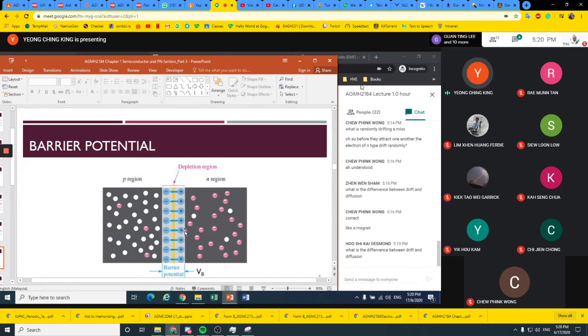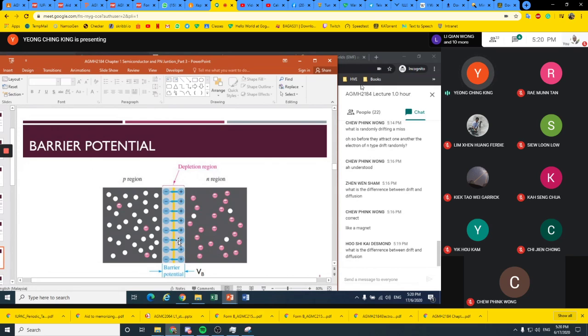The forces between the opposite charges form an electric field between the positive and negative charges. You can see the arrow here; this forms the electric field line.